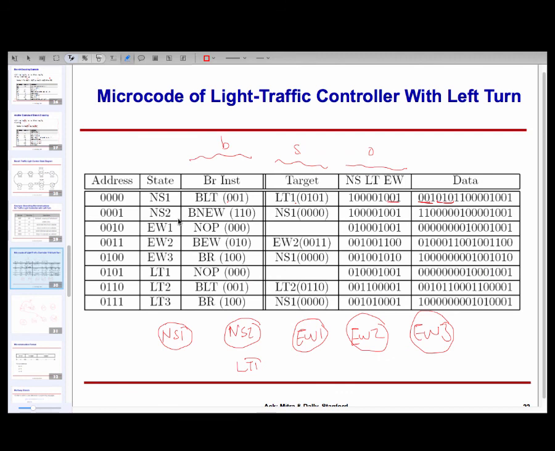What happens otherwise? So I'm in NS2, branch if not east-west to go to NS1. What would be the other transition? What if east-west is true? Next state, so it will go to east-west 1.